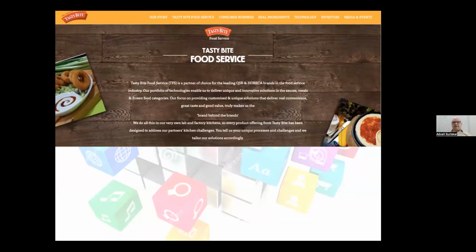Again, I'm taking the liberty of going to one of the companies of one of our senior charter members, an investor from Pune, Ravi Nigam. His company used to be Tasty Bite, now of course acquired by Mars. And this is the different kind of products that they are offering.